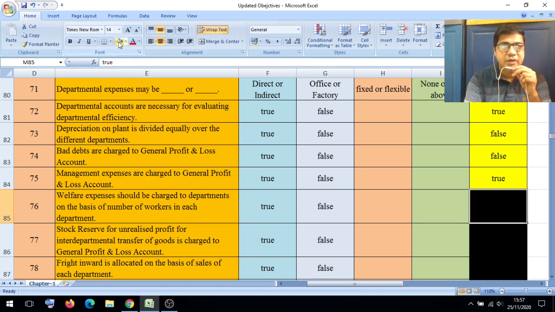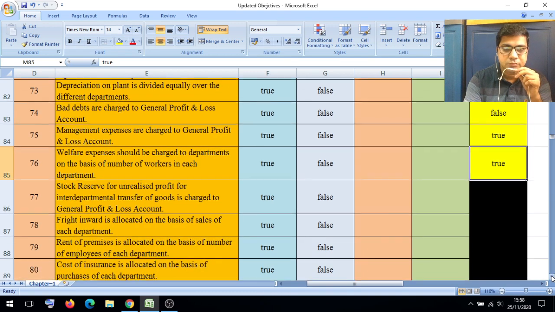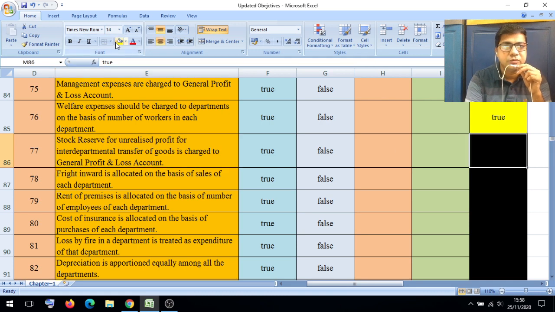Yes, it is true. Stock reserve for unrealized profit on interdepartmental transfer of goods is charged to general profit and loss account. It is true.